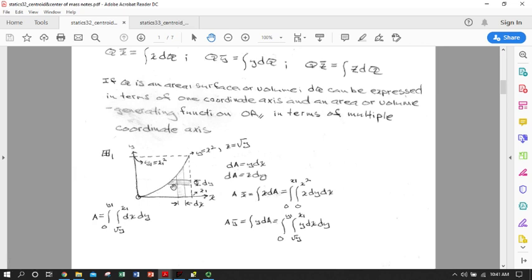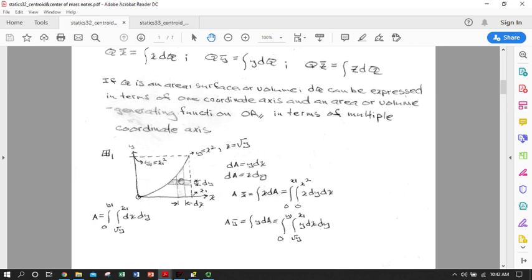So I can look at that in terms of adding up slices and squares. So here's one way of expressing that area. I can integrate in the x direction, dx, from the function, which in terms of x, from x's point of view, is the square root of y, to this upper limit, x1.